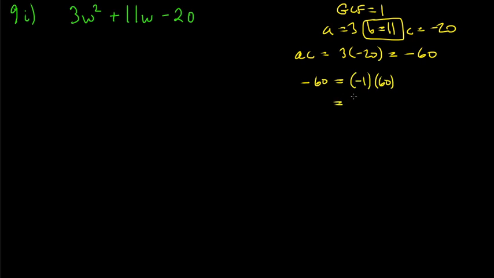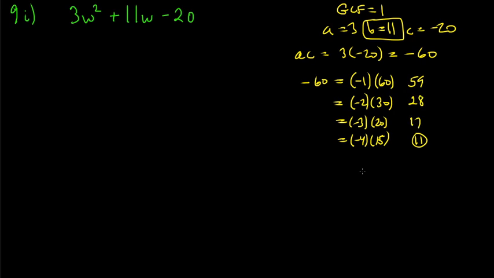So negative 1 and 60, negative 2 and 30, negative 3 and 20, negative 4 and 15. Oh, that's it, right? 15 minus 4 is 11. So we can stop there. The other numbers don't add up to 11. Here they are just for reference, right?